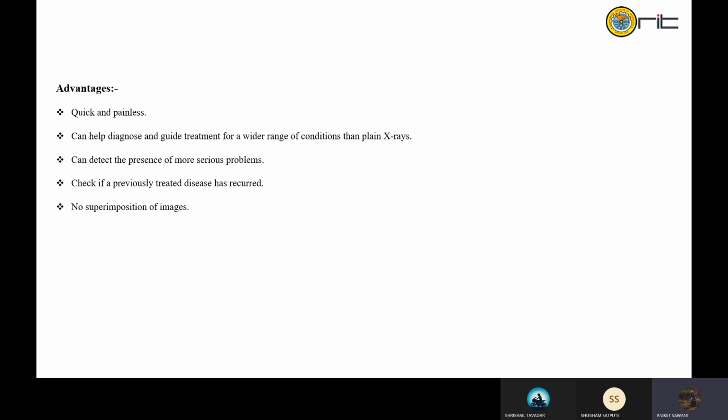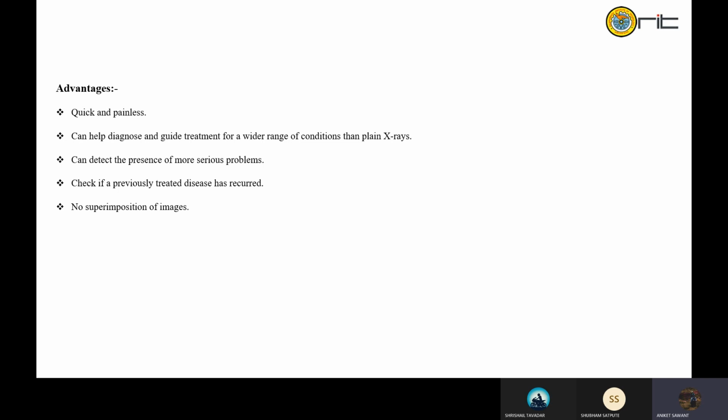Third, it can detect the presence of more serious problems, meaning when a patient has a more serious problem, it is detected in very little time. Fourth, it checks if a previously treated disease has reoccurred, meaning any past disease can be identified with the help of this machine. And fifth advantage is no superposition of the images.